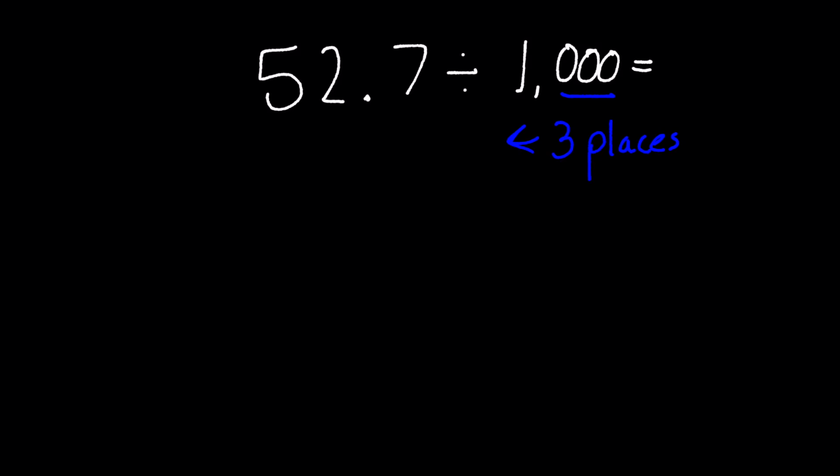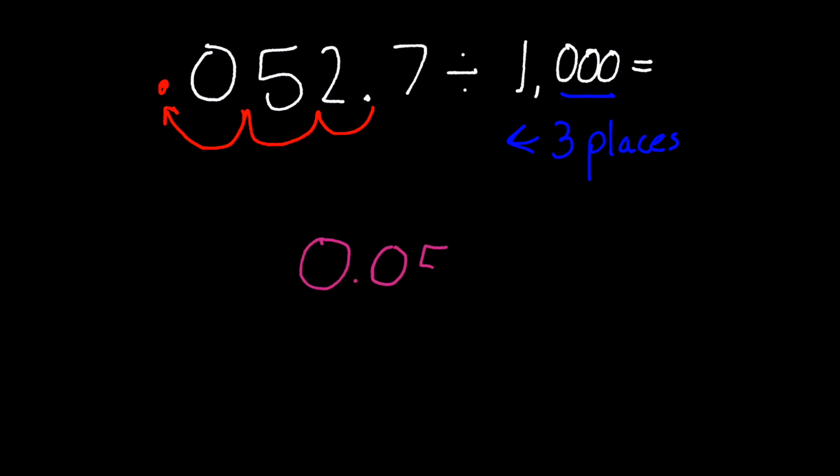So take your decimal, move it 1, move it 2, and then just like before, we ran out of digits to jump, so we have to put in a 0, and then we can move it a third time, and the decimal will go right there. So when we have 52 and 7 tenths divided by 1000, we end up with 0 and 527 ten-thousandths.